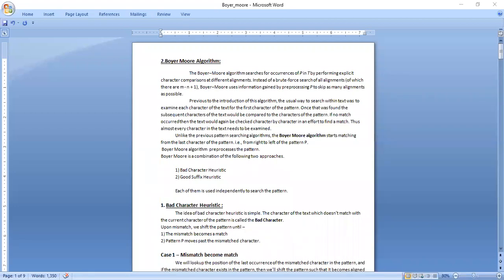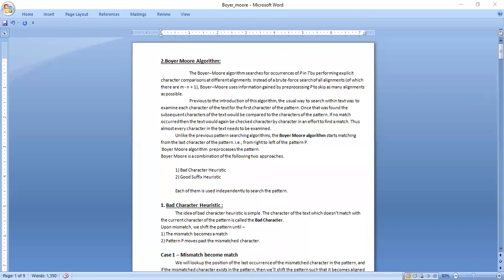In the last class, we saw in brute force an example of finding a simple pattern in the text. This is my whole text, and I am finding the pattern simple in it. I started from the very first index 0 and tried to match simple with this given string, checking character by character.